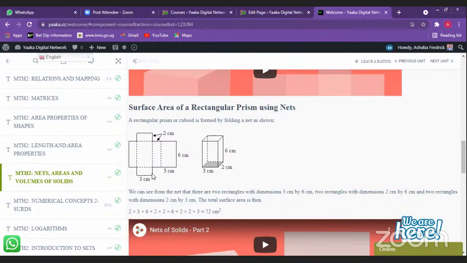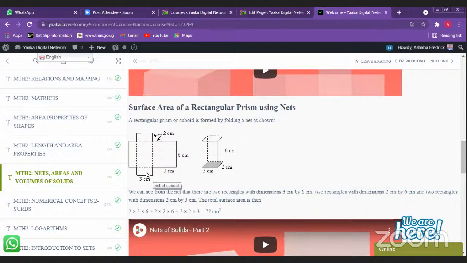This is a 2, and likewise here is also a 2. So that would be 3 times 2. And this upper one here would still be 3 times 2. So that would give us a 6.